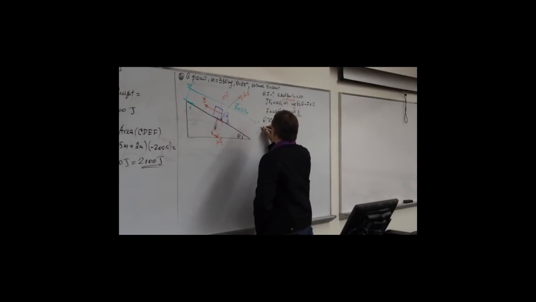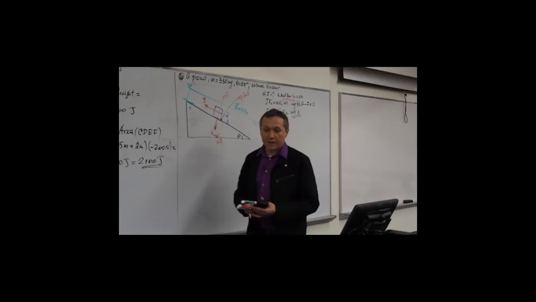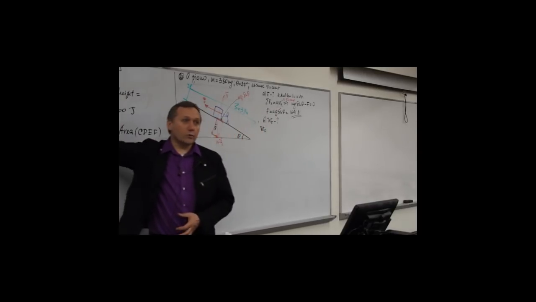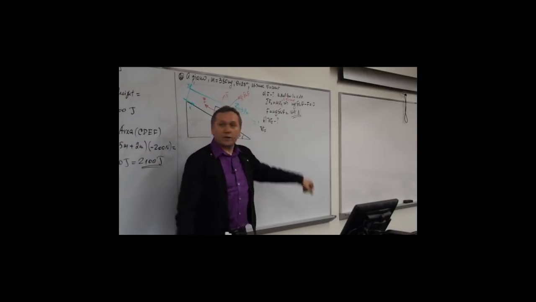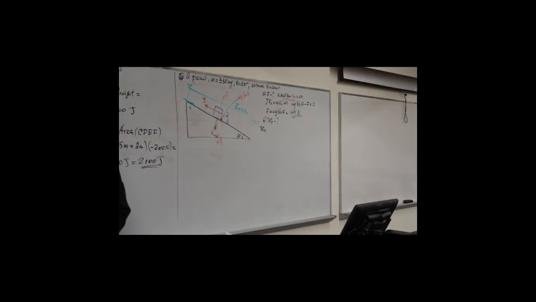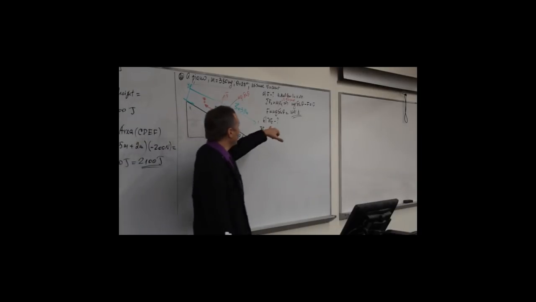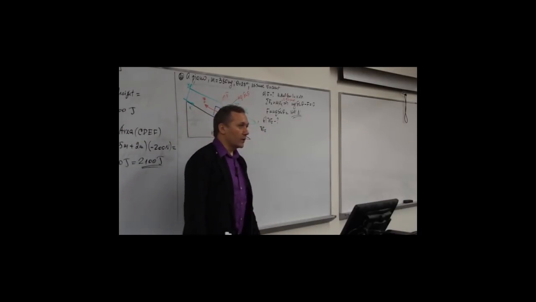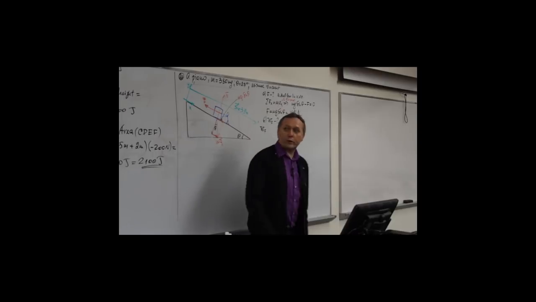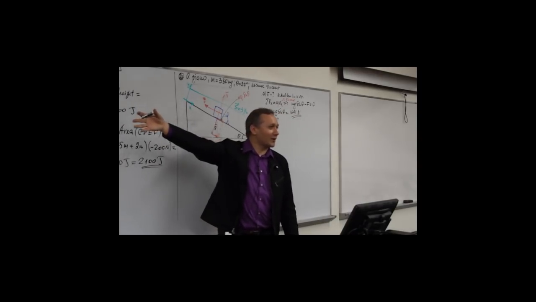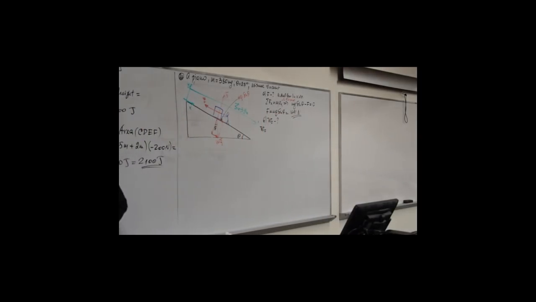Again, I'm emphasizing the difference between this situation and that situation. Here, force was not constant. As a result, we had to calculate area instead of taking the integral. Here, force is constant. We can simplify our life. You can still calculate using area because the force is just constant.